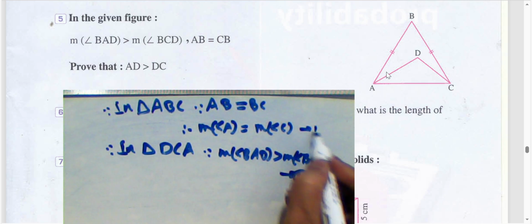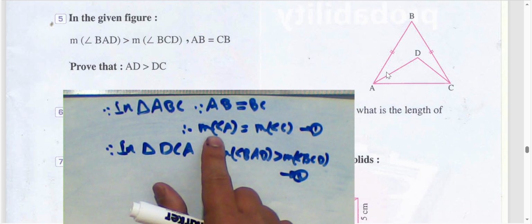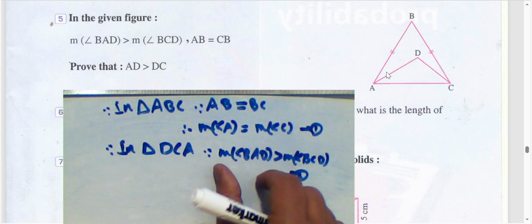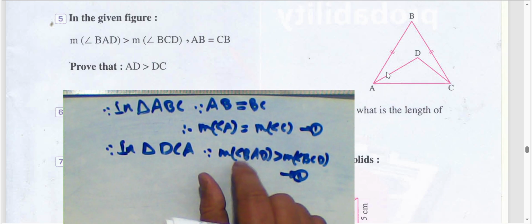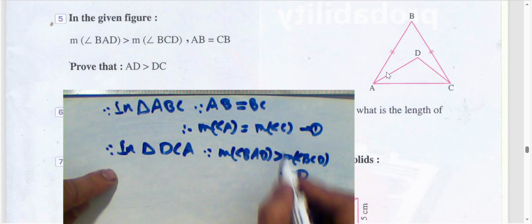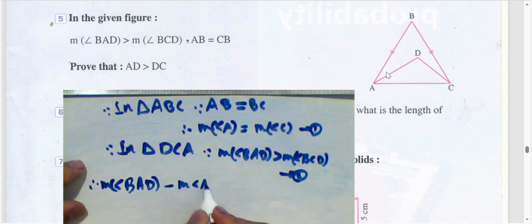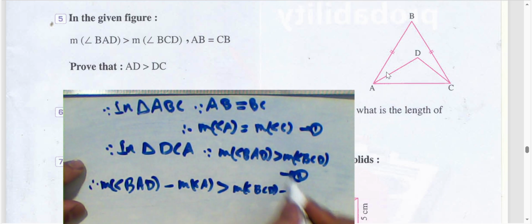Then we have relation number 1 and 2. We can subtract angle A and this. We can subtract, but I want to find it first by multiplying by negative. If we multiply by negative, or subtract and then multiply by negative, what will you do? We can write the difference between the two relations. Then measure of angle BAD subtract measure of angle A is greater than measure of angle BCD subtract measure of angle C. Okay, understood now?